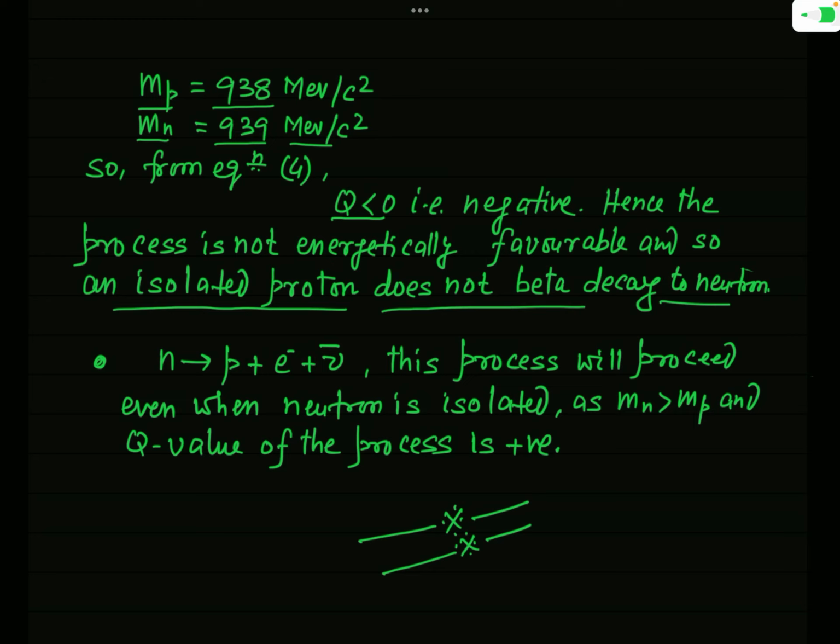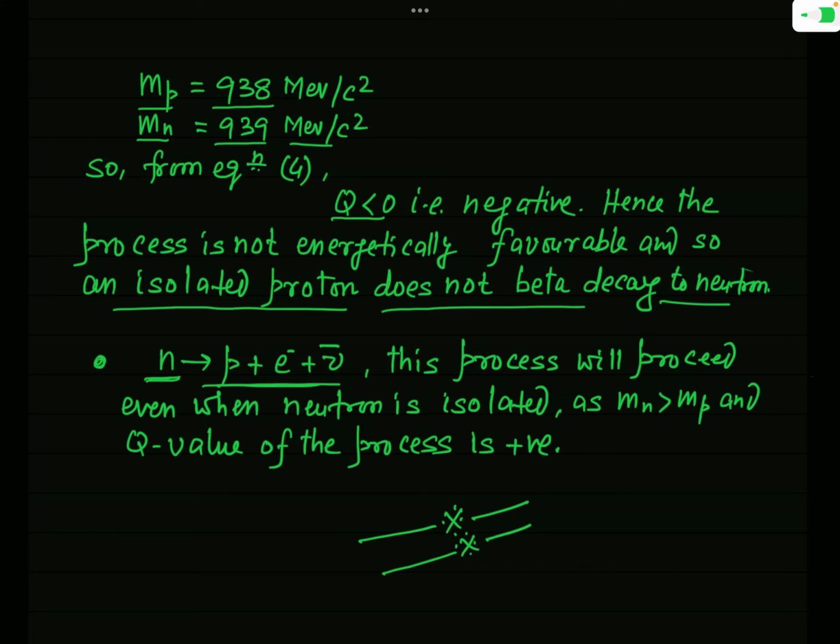But at the same time, when a question is asked whether an isolated neutron can be converted into a proton or not, the answer will be yes. The reason is the same. As you have seen, the neutron is slightly more massive than the proton, and so for the conversion of neutron into proton, the Q value will be positive.